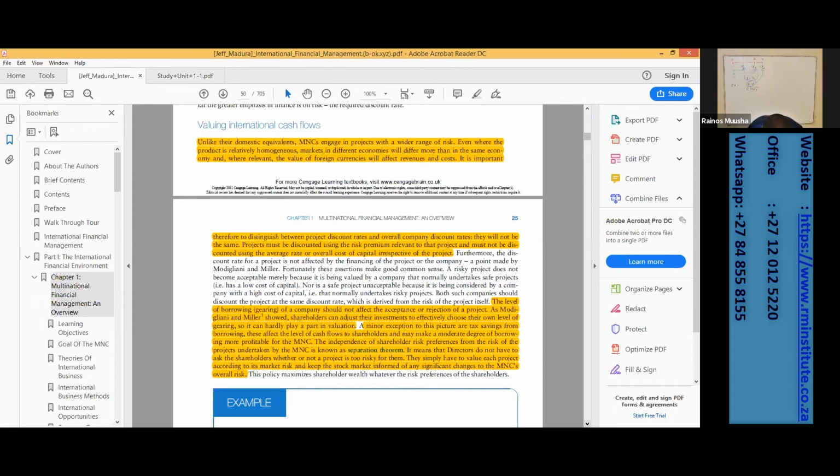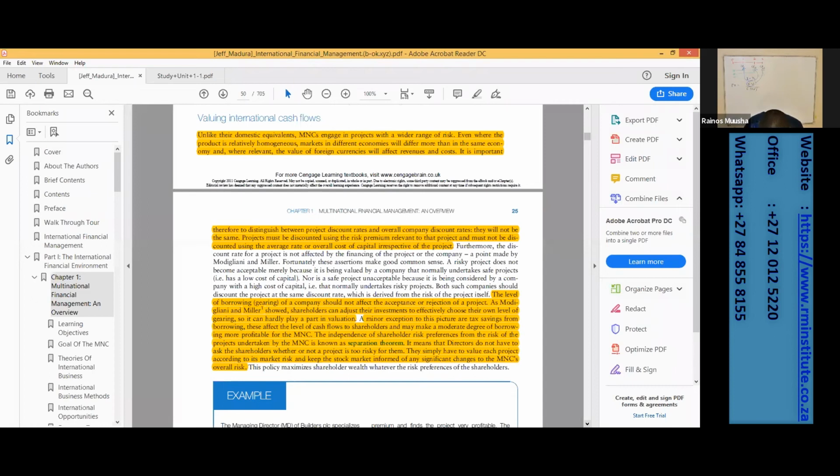Then if you go on to line number 8, they say the level of borrowing of a company should not affect the acceptance or rejection of a project. So as Modigliani and Miller showed, shareholders can adjust their investments to effectively choose their own level of gearing, so it can hardly play a part in valuation.